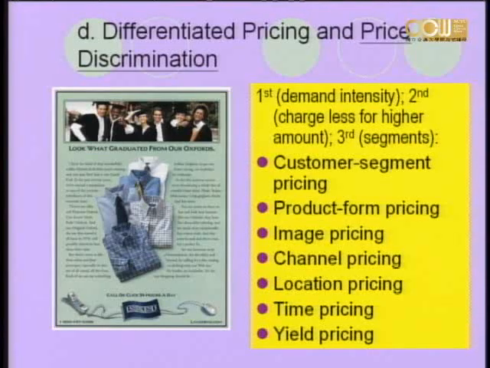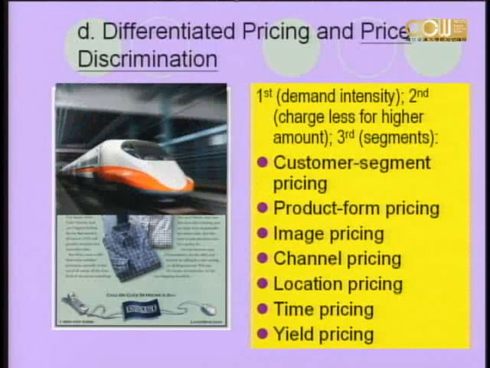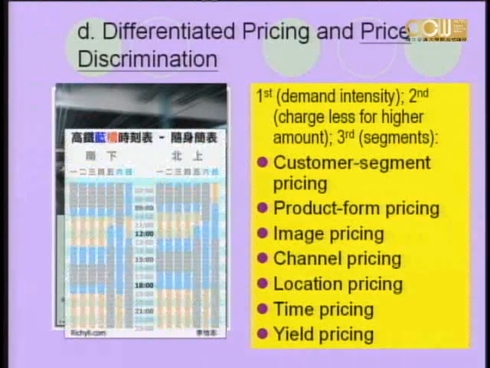The third one is based on segmentation. So we can segment the market by different prices. For instance, just like this one, we are charged at different times. I think most of you know that. This pricing is based on 2 things.